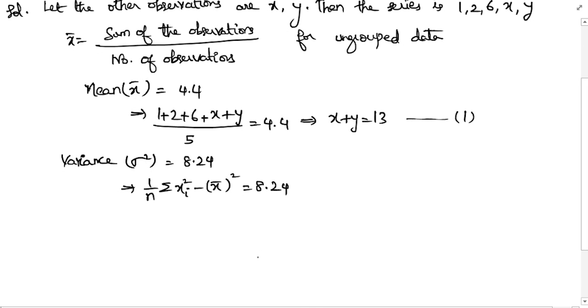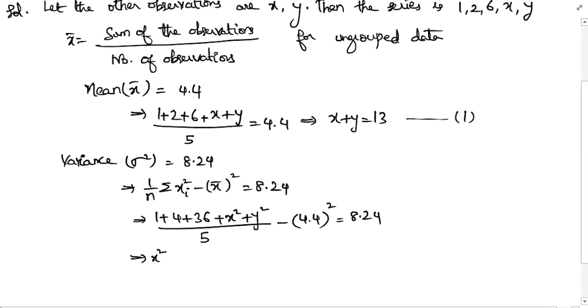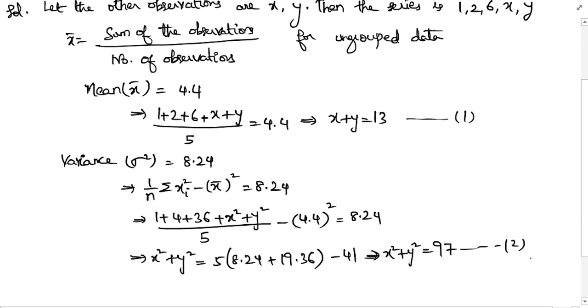So that implies 1 plus 4 plus 36 plus x square plus y square divided by 5 minus 4.4 whole square is equal to 8.24. That implies x square plus y square is equal to 5 into 8.24 plus 19.36 minus 41. So this implies x square plus y square is equal to 97. Okay, we'll consider this as 2.